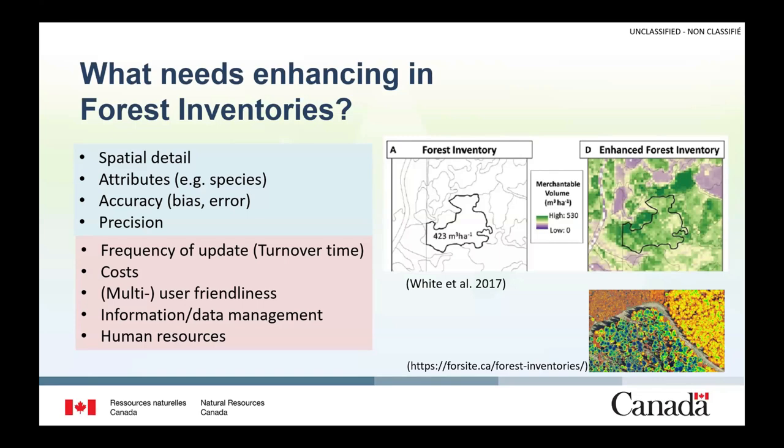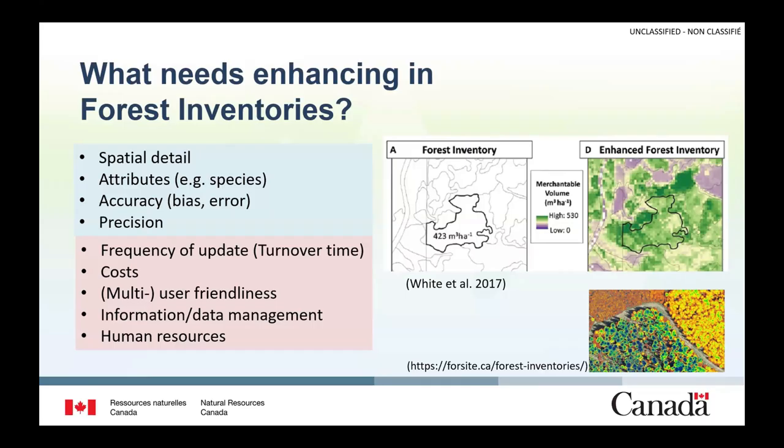There's a need for maps to integrate more individual tree characteristics so that we can know exactly how many trees have particular economic or ecosystem values out there. Is this a good tree for logs or just for pulp? Does it have good fiber? Is it good for wildlife habitat?